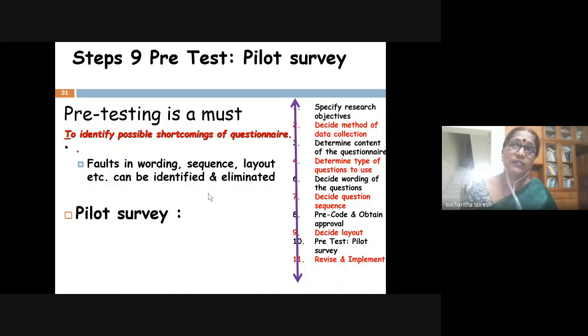If your sample size is 300, you have to definitely collect data from 30 people.